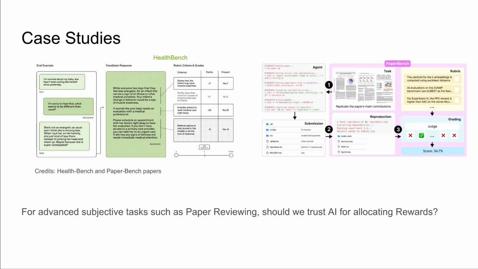Should we trust them for allocating rewards for which paper gets into a conference, which paper gets maybe a best paper award, or should there be some kind of effort to determine whether we should just say, okay, this has to be done by humans? Yeah, so that's the end of my talk. Thank you.